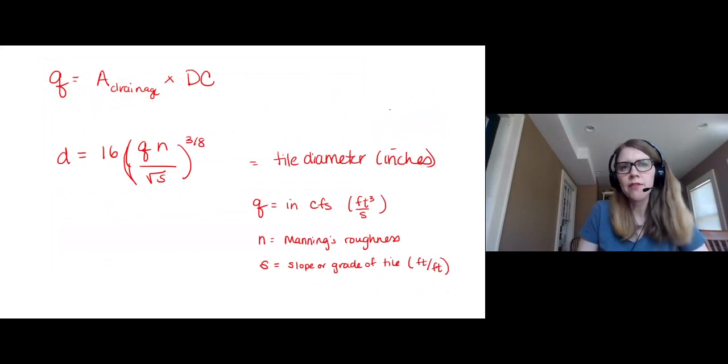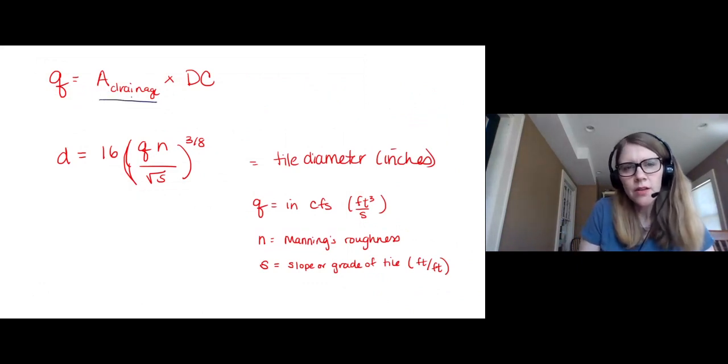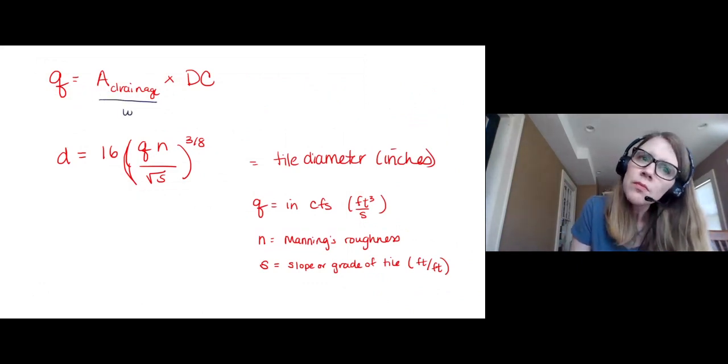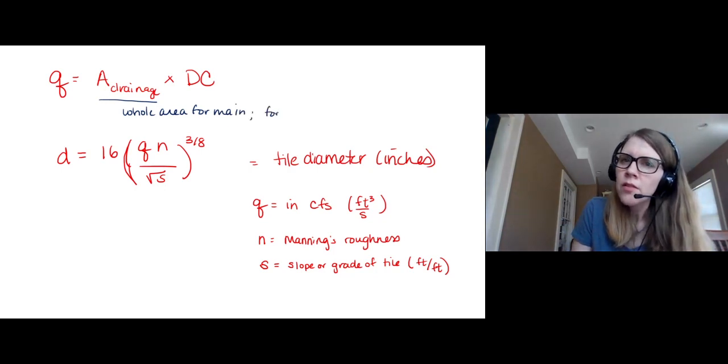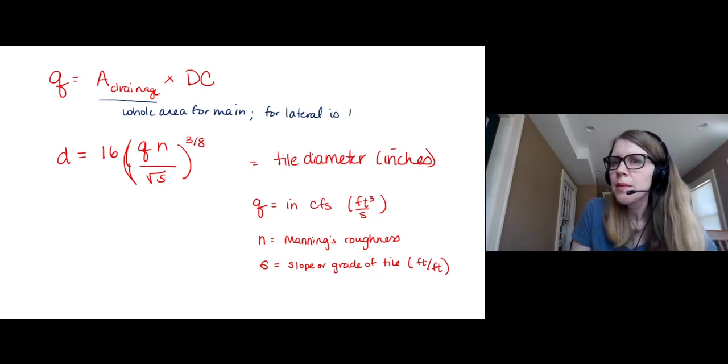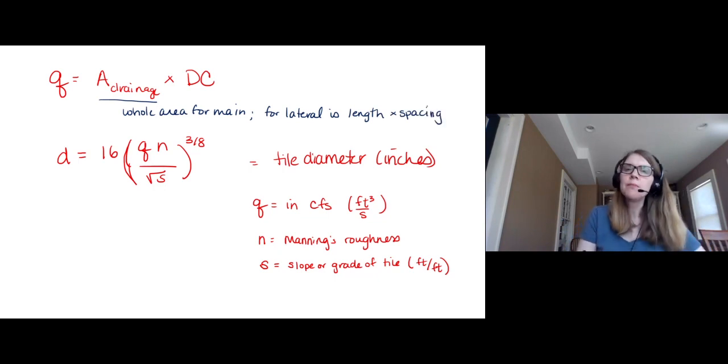And we'll do an example of this, but that's how we're going to get the area of the drainage system. So for the main, it's the whole area. For lateral, it's length times spacing. Slight adjustments there, but we'll see how that plays out when we do the example problem.